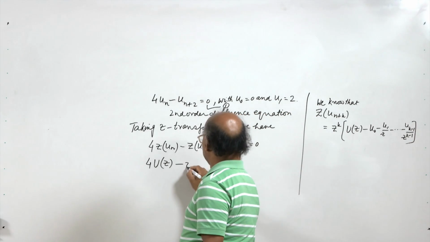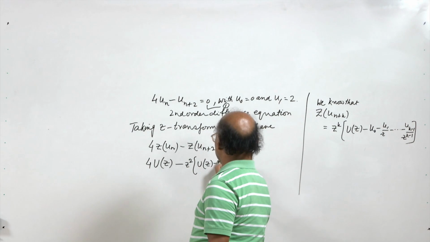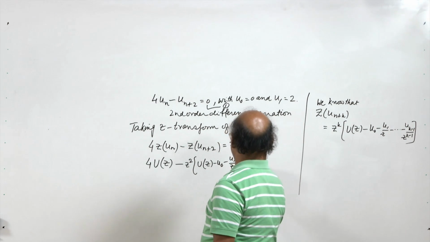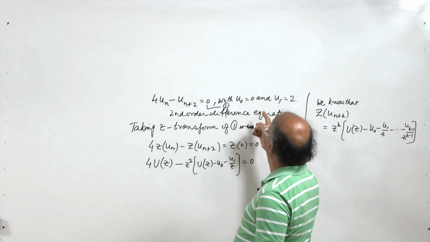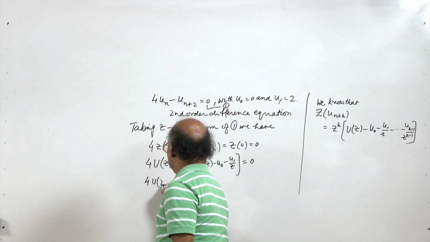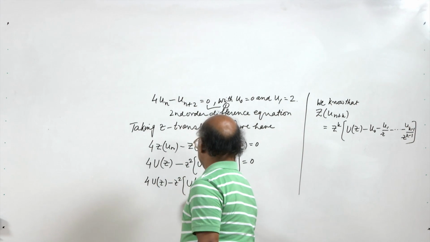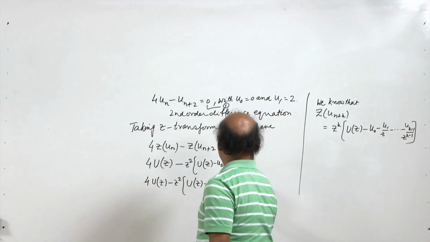So, 4 Uz minus z square into Uz minus u naught minus u1 by z equals 0. Let us make use of the given conditions, u naught equal to 0, u1 equal to 2. So, 4 Uz minus z square times Uz minus 0 minus 2 by z.